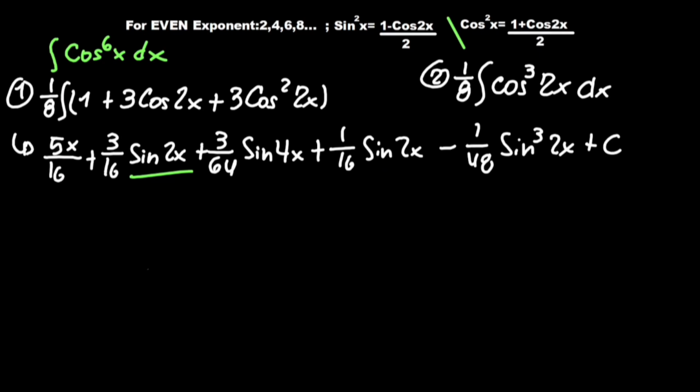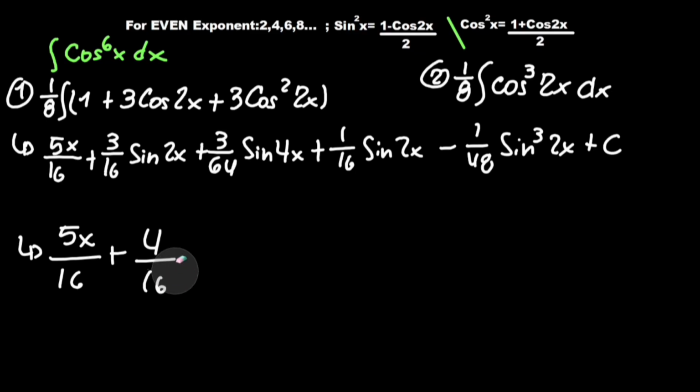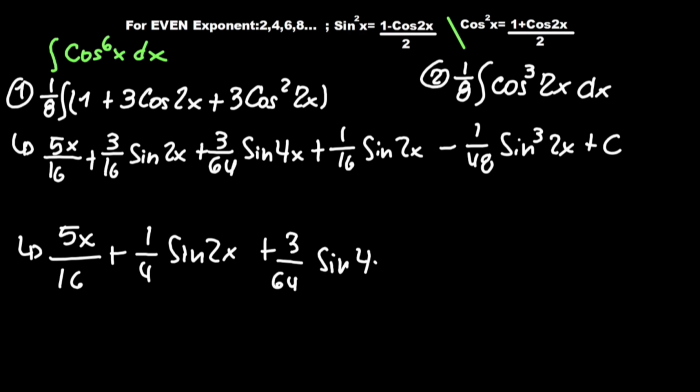So add 3 over 16 and 1 over 16, which is 4 over 16, or 1/4. Sine of 2x plus 3 over 64 sine of 4x minus 1 over 48 sine cube of 2x plus the constant of integration.